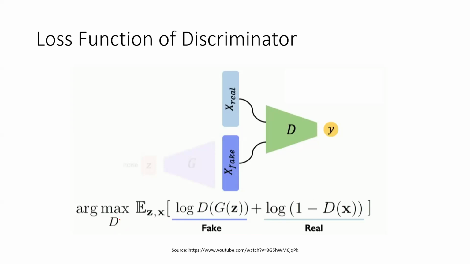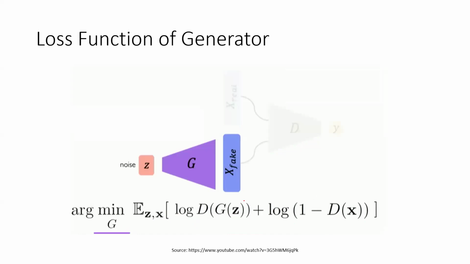So the discriminator wants to maximize this loss function. But for the same value, the generator wants to reduce or minimize the discriminator's values: the generated G(z) being identified as fake, and real values not being identified as fake, should be reduced or minimized for the generator.